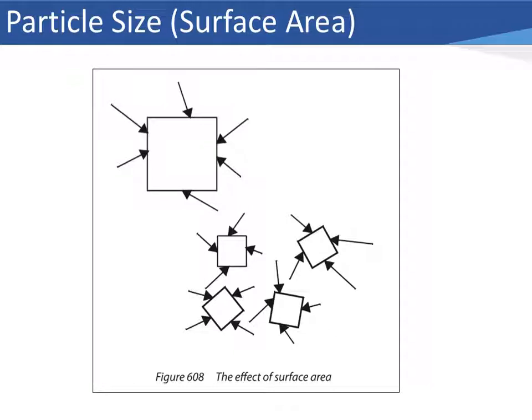Particle size, which is sometimes called surface area. If I have large particles versus small particles, I have increased the surface area where collisions can take place, collisions on the surface of the particles. If I have more surface area, I have a higher frequency of collisions.